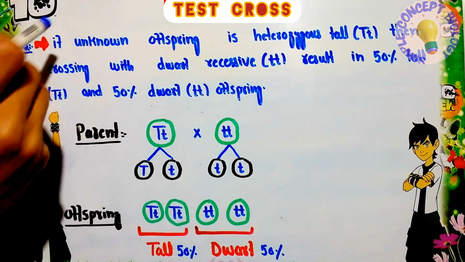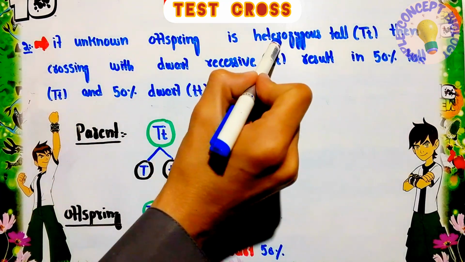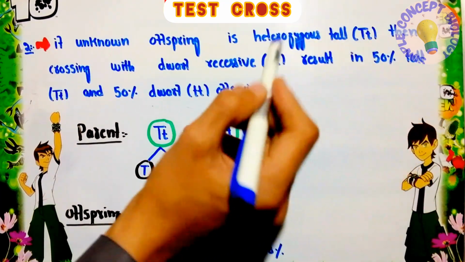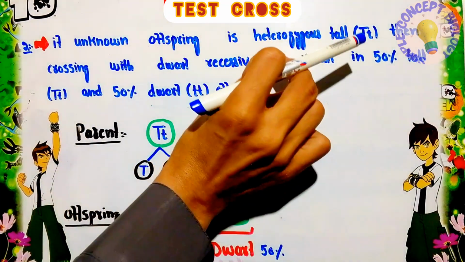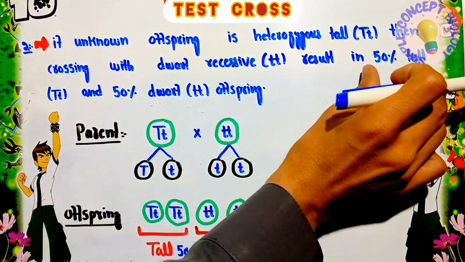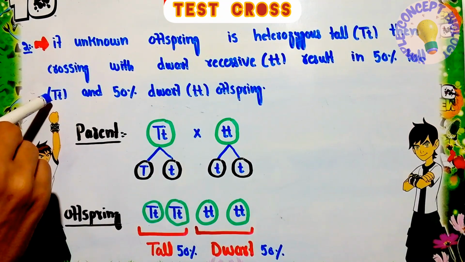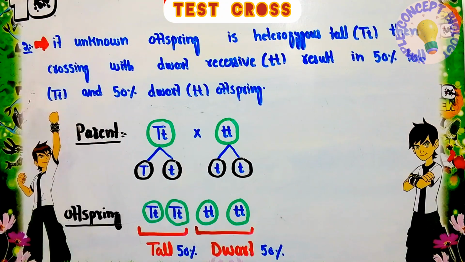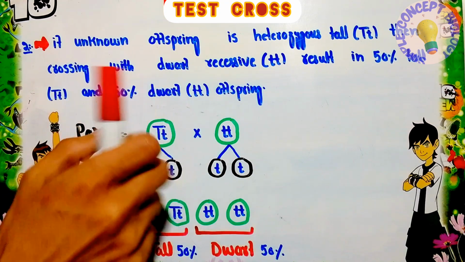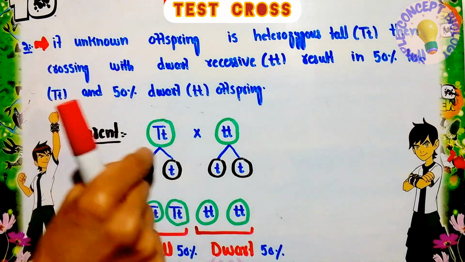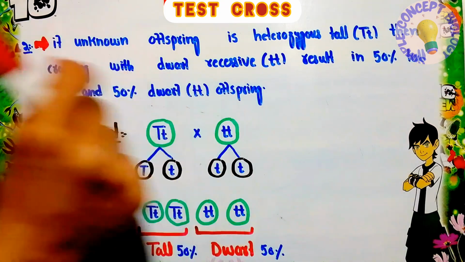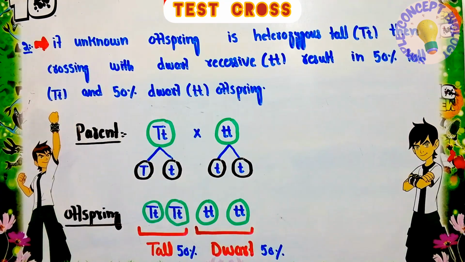If the unknown offspring is heterozygous, capital T and small t, then crossing with a dwarf recessive parent, small t, results in 50% tall plants, capital T small t, and 50% dwarf plants. So we take the F1 generation, capital T and small t, and cross it with a recessive parent, small t and small t.